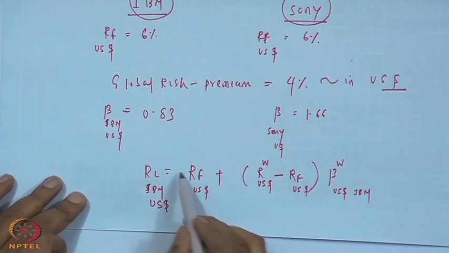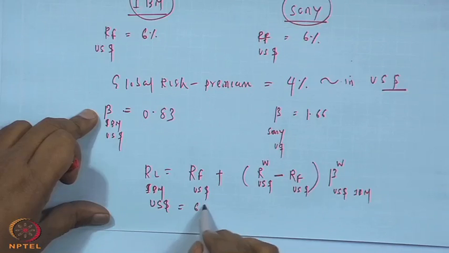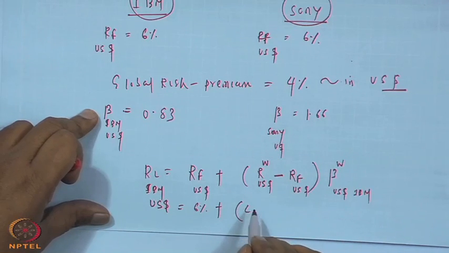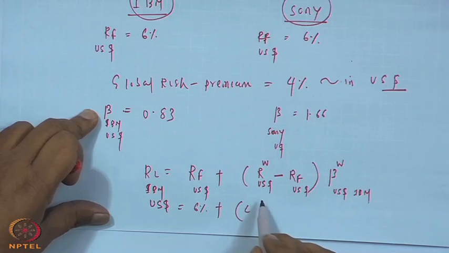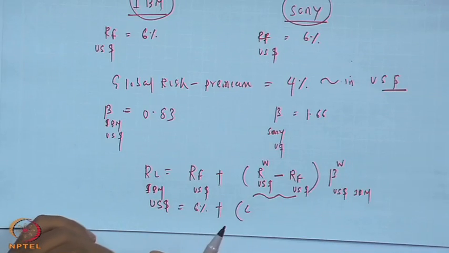The risk free interest rate in US dollar is 6% and the global risk premium is 4%. The risk premium is nothing but the differential between market return and risk free return.